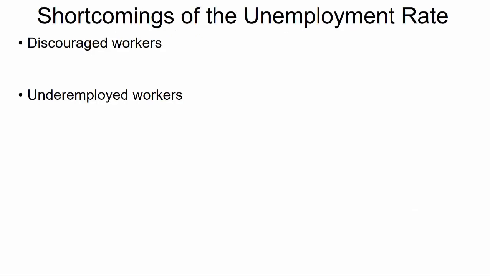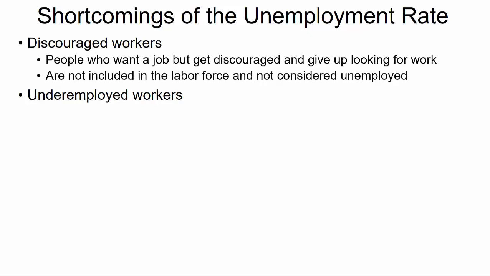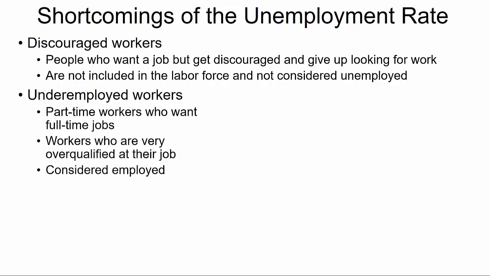Okay? So let's talk about some shortcomings of the unemployment rate and then we'll be done. All right? One of the biggest shortcomings is that the unemployment rate does not consider the existence of discouraged workers. These are people who don't have a job. They'd probably like one, but they're so discouraged they've given up looking, and therefore we no longer consider them unemployed. Okay? We also have the underemployed workers.